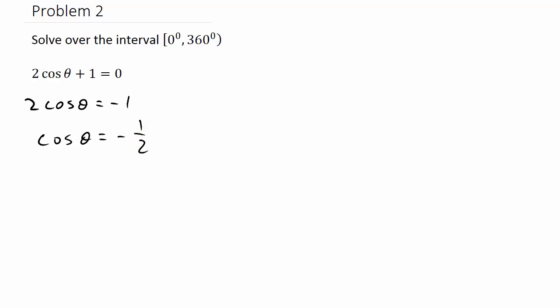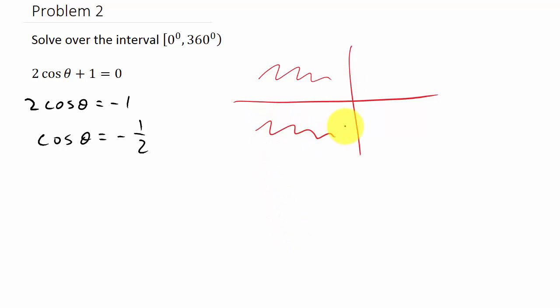Okay, so let's think about this. Cosine theta equals a negative number. Well, where is cosine negative? It's negative in the second quadrant and the third quadrant. First I need to find my reference angle, because when I find my second quadrant angle, I need my reference angle, and I'll use a subscript r to represent reference angle.